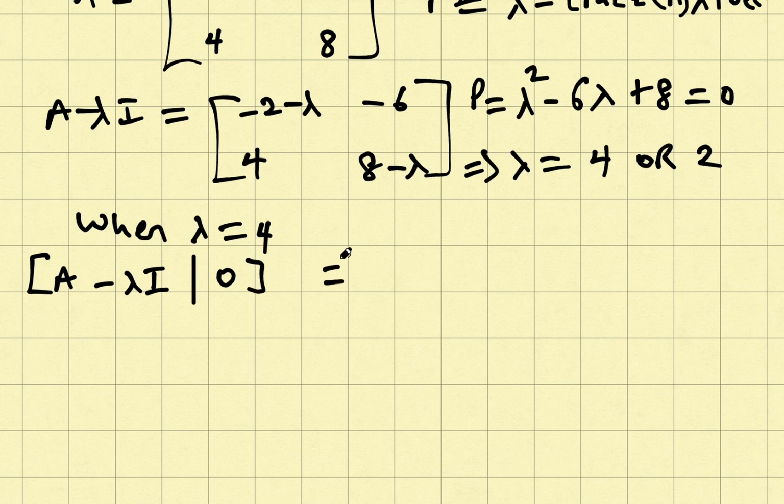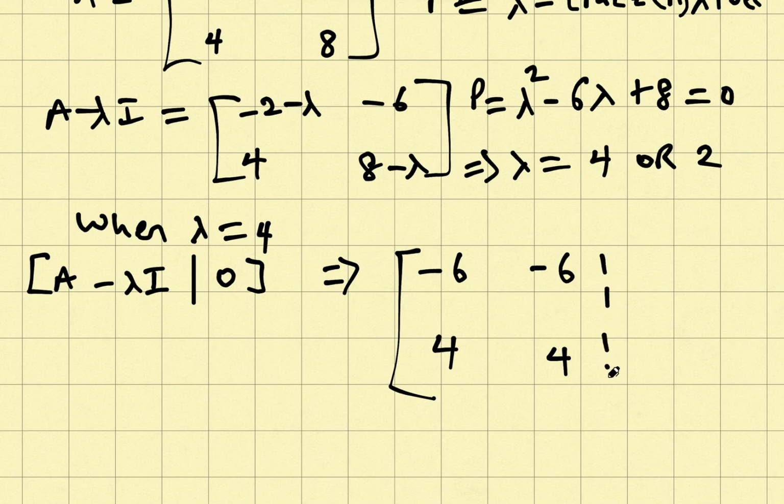So let's see what that's going to be. Since we are only subtracting from the diagonal elements, -2 minus 4 will be -6, and we have -6 here, we have 4 here, and we have 8 minus 4. So 8 minus 4 is definitely going to be 4 as well.